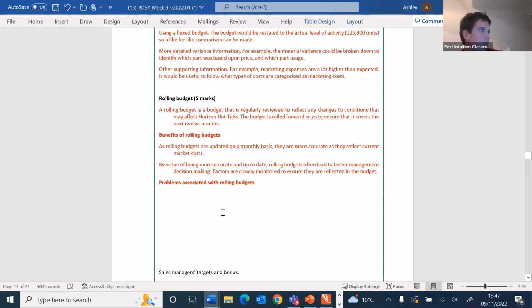So as a couple of you have said there, it takes ages because what you're effectively doing is rewriting or recalculating the budgets every month. Yeah. So rolling budgets are time consuming as they require regular updates. This may lead to increased costs. So basically, because they're time consuming, they're likely to be expensive.